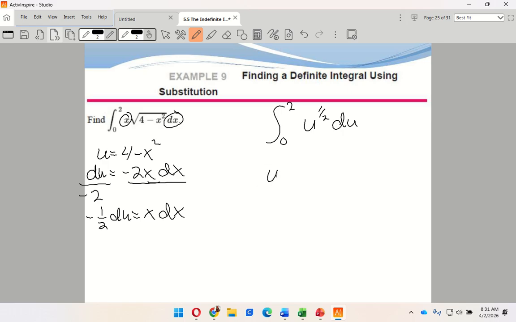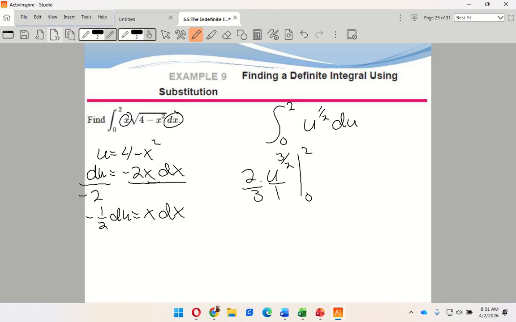So I'm going to go u to the 3 over 2 times, from 0 to 2. Just fill it in.